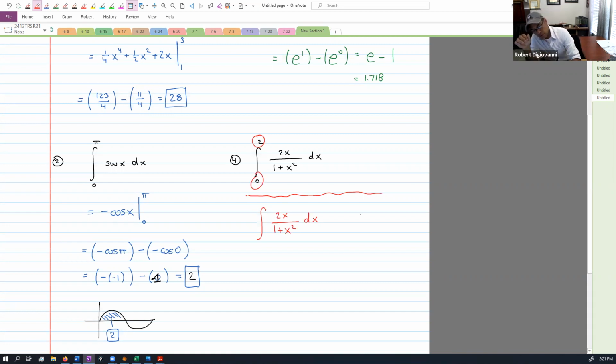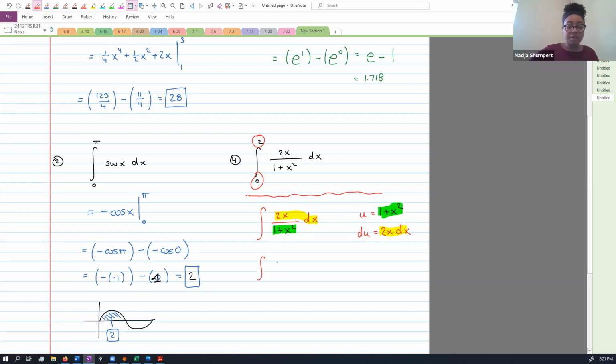So Naja is going to use U substitution. You said U is equal to what? 1 plus x squared. That's because Naja realizes that the derivative of that is 2x dx, right? So what does your new integral look like? 1 over u du.